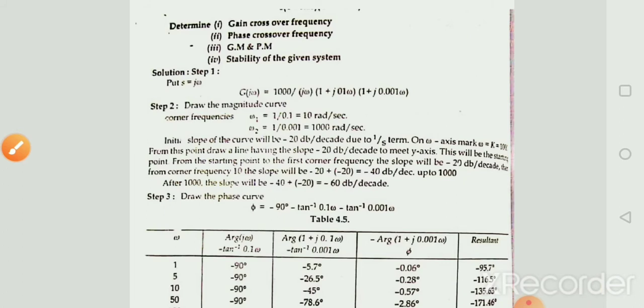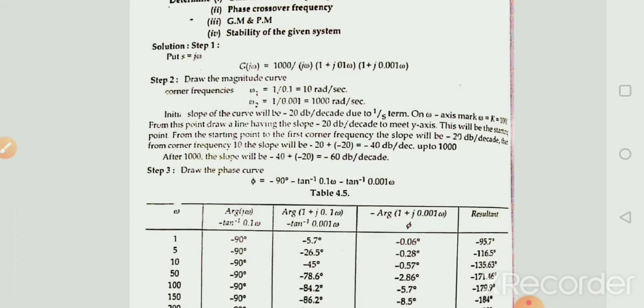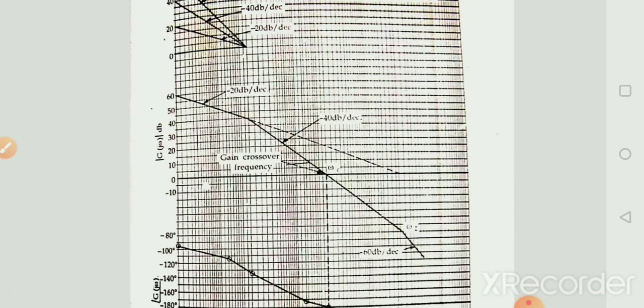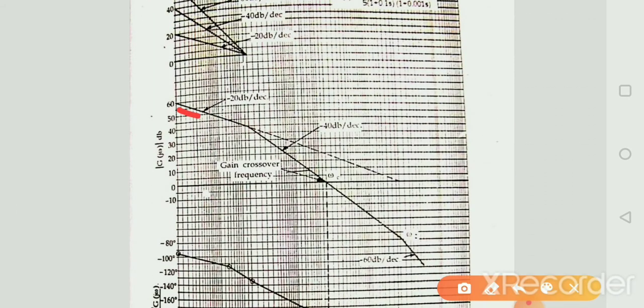Here this is a type 1 system, so the first slope of the curve will start at minus 20 dB per decade, because we know for a type 0 system the curve starts at 0 dB per decade, for type 1 it starts at minus 20 dB per decade, and for type 2 it starts at minus 40 dB per decade. So here our curve starts at minus 20 dB per decade.